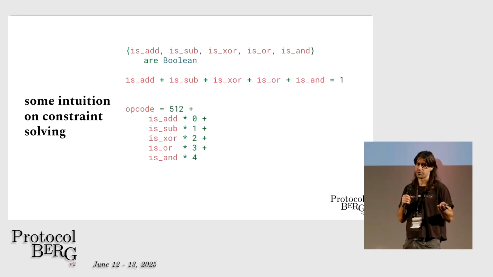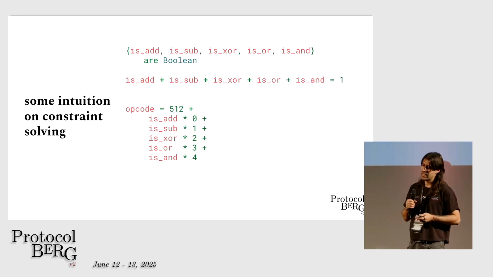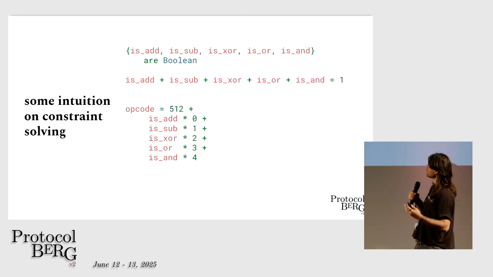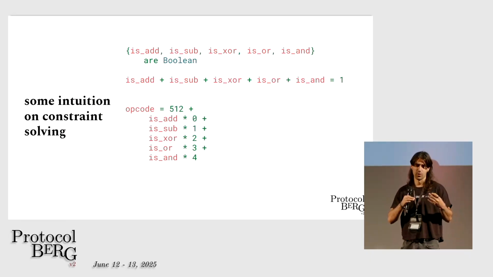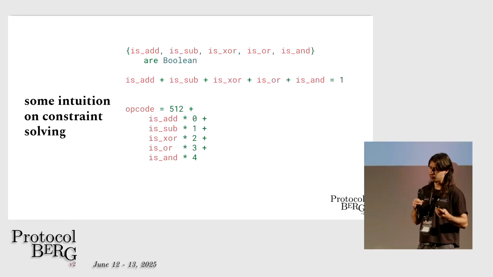They're very simple constraints that only use multiplication and addition over a prime field, and the more columns you can remove from these constraints without causing bugs, basically, the more efficient your system will be.